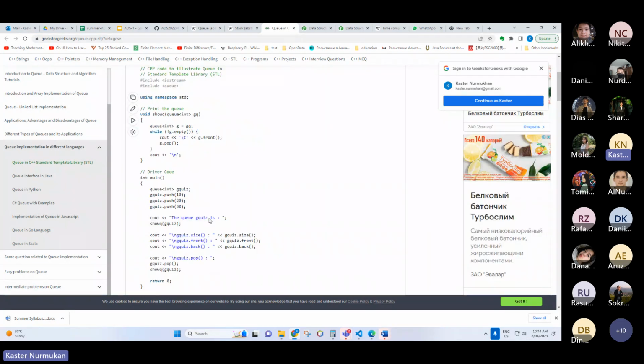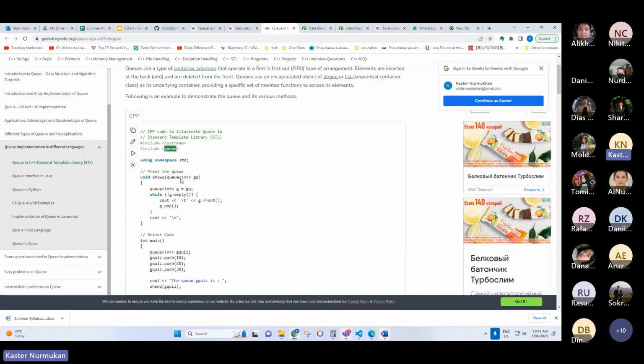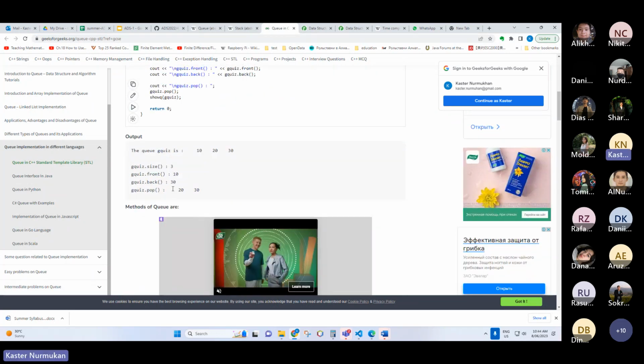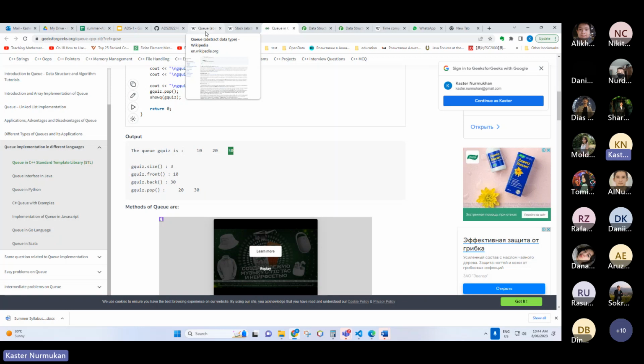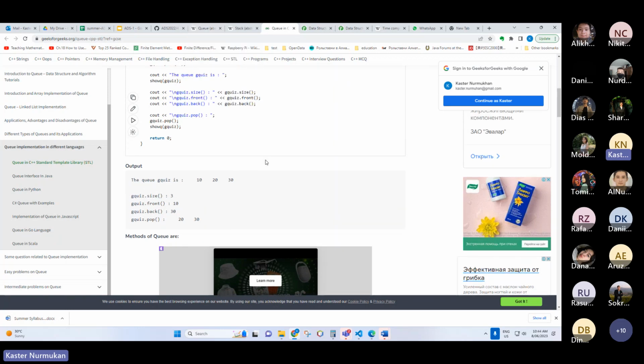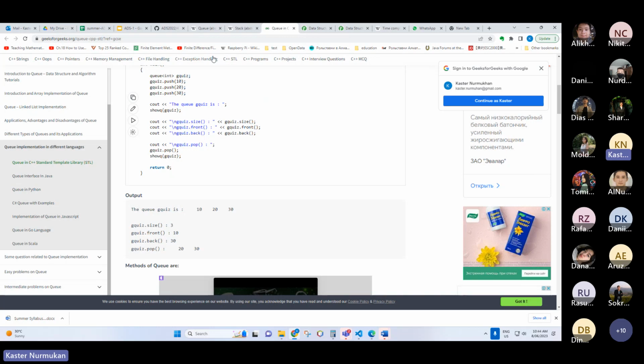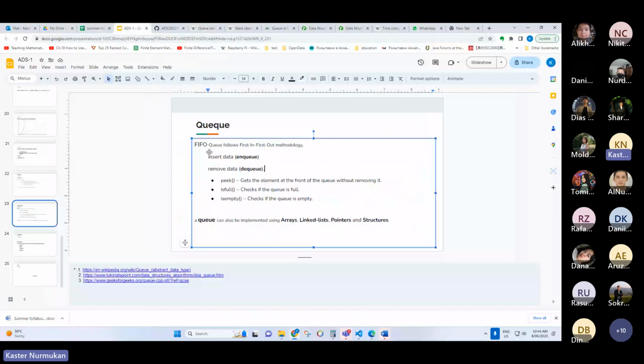But if you use a stack instead of a queue, it is different: it will pop 30 first. That's a very distinguished difference. That's the reason we put stack and queue together. If you understand one, understanding the second one is not too difficult.